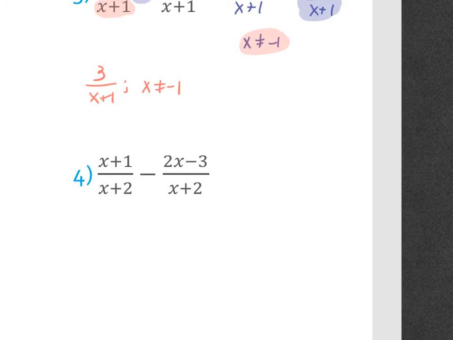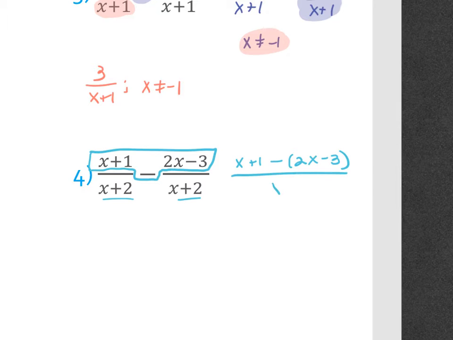All right, now 4, again, the denominator's the same, so I don't have to find a least common denominator, but this time there's a negative in between these two, which means it's x plus 1 minus, put that 2x minus 3 in parentheses to remind yourself to put the negative with both terms. So this negative now gets distributed, and I get x plus 1 minus 2x plus 3 all over x plus 2.